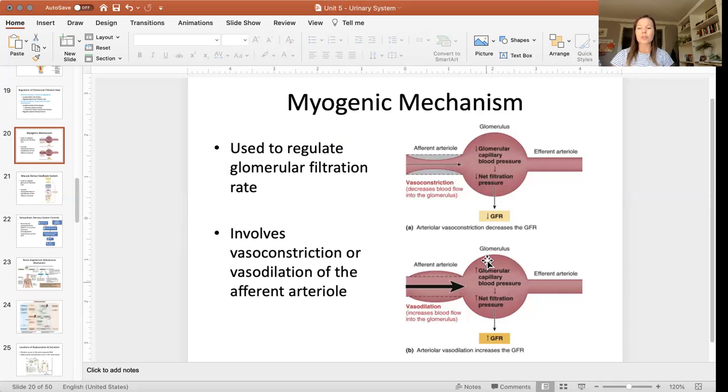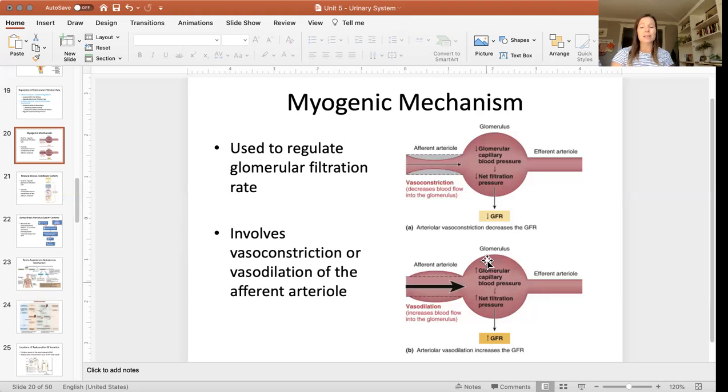But like we said earlier, you want to try to prevent any changes in the filtration rate, no matter what else is happening with regard to blood pressure. So you don't want the filtration rate to decrease. You want to keep it at that same level. So if blood pressure is decreasing and that's causing a decrease in the filtration rate, you're going to want to do something to bring that filtration rate back up to that normal number.